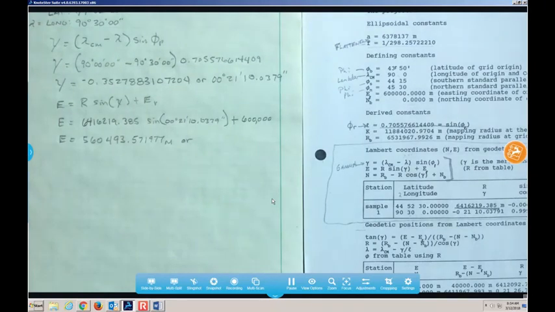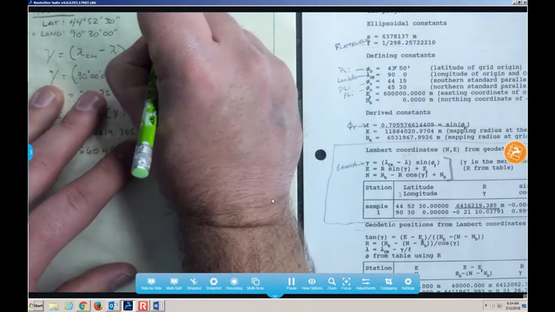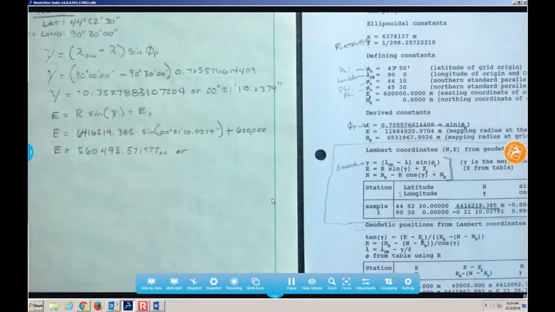All right. So what is it in feet then? Meters to feet. 3.28 equals 1 meter. But make sure you take it out far enough. It's 3.2808333333.